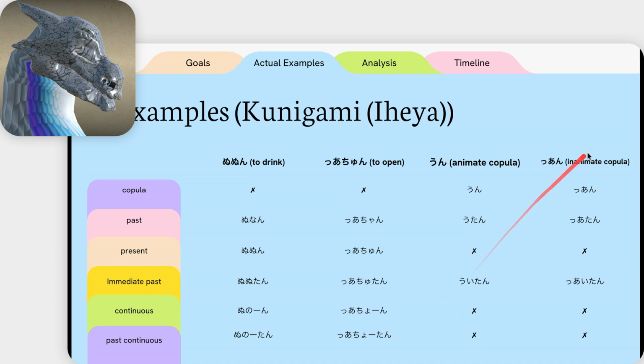Atan. 5, 6, 7. Okay, so atan was basically the past inanimate copula, for an inanimate object.